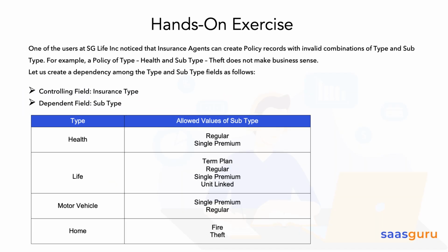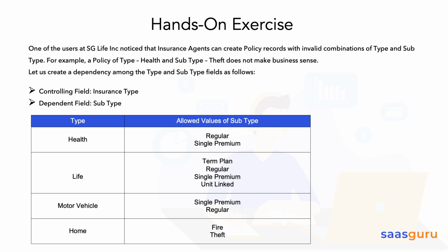For example, if the type of the insurance is health, the only subtype that should be available for selection should be regular or single premium. If we are selling life insurance, the subtype of the policy can be term plan, regular, single premium, or unit linked. If you're selling motor vehicle insurance, the subtype can be single premium or regular.